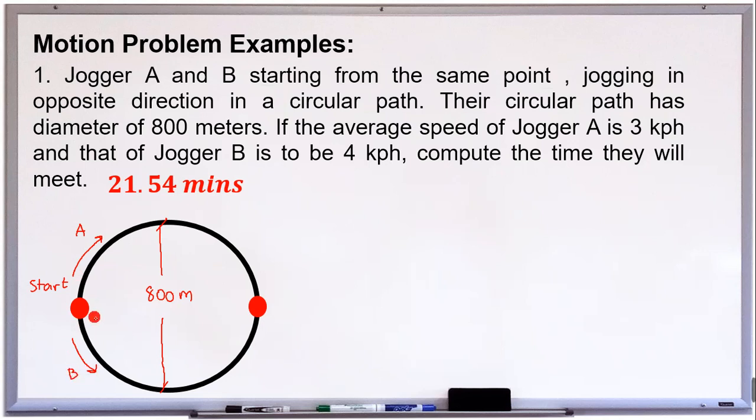That is, they jog in opposite directions, and at some point in time they will of course meet, because this is a circle, so there's an intersection point between them, wherein they are going to meet each other. I represent that by this second red dot. So this is the finish.